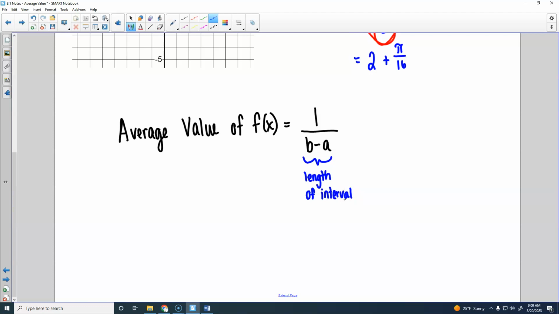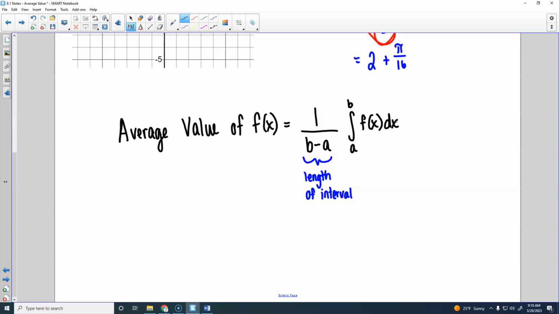So in this case, it was that -4 to 4, which gave us 8, times the integral from a to b of f of x dx. So this is going to be the case for any average value problem.